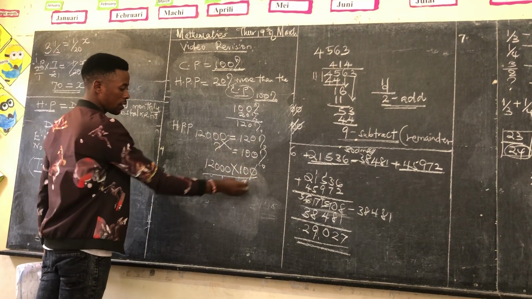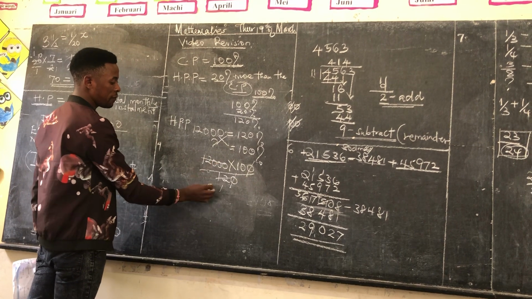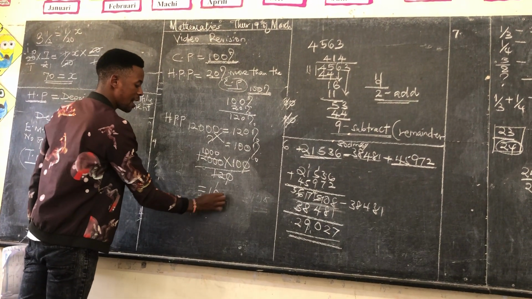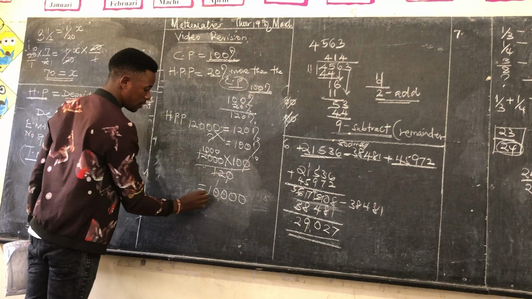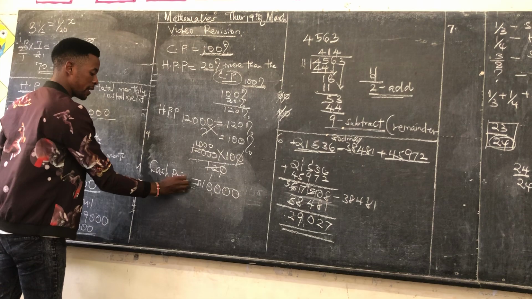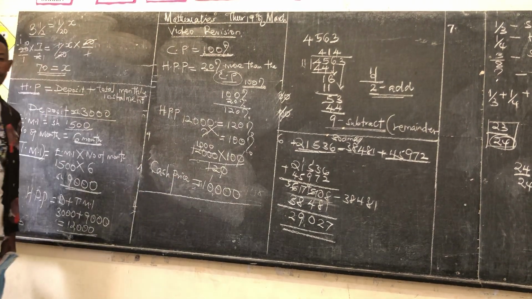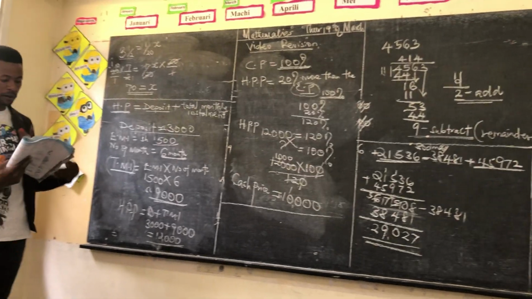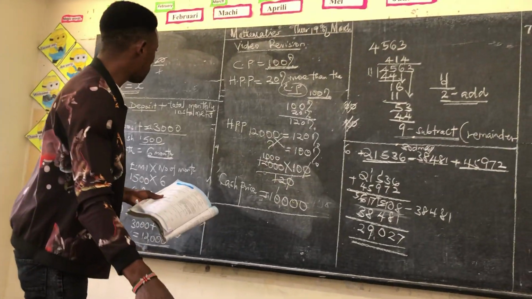So 0, 0 cancels, 12 by 12 is 1, 1,000 times 10, that is 10,000. So that means that the cash price was 10,000. So that is it with number 11.